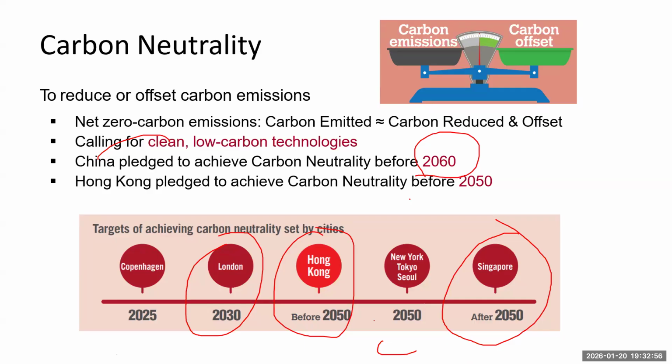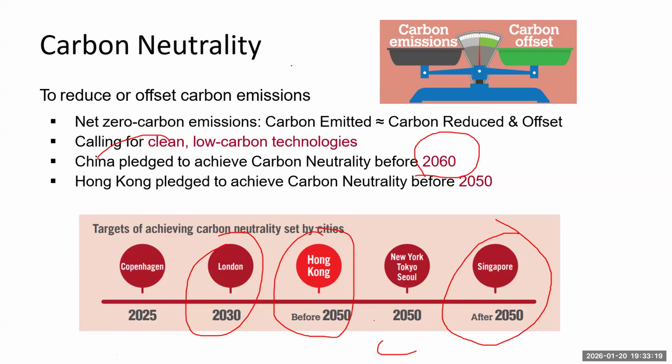We work together to reduce carbon emissions. We scientists are also developing new technologies to capture and store the carbon. Then finally we can achieve the target of carbon neutrality.